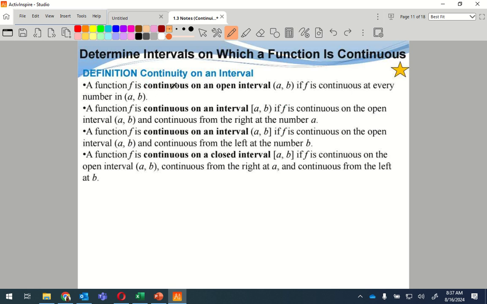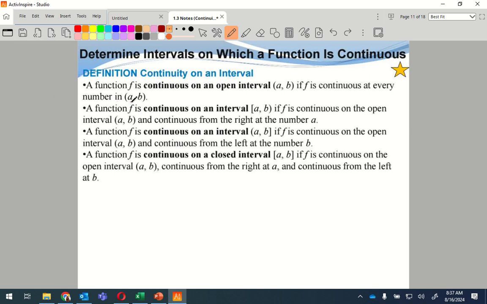Now, a function is continuous on an open interval. This is important. So now, if you notice there's a little star right here on your notes, this is important. It is continuous on an open interval (a, b) if it is continuous at every number in there. There is no undefined point in between.